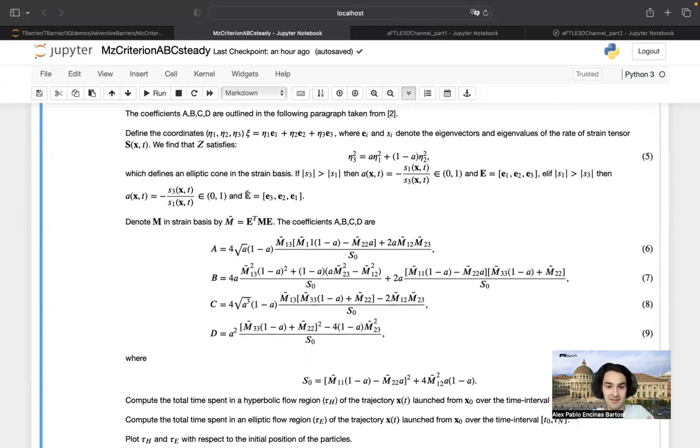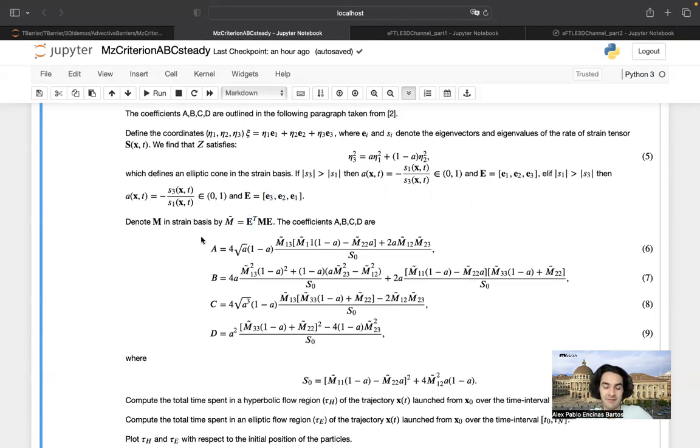These are just little technical things which one needs to take care of during the computation. Once you have defined this eigenbasis, this A matrix, and of course computed the M matrix, then we compute the M, the strain acceleration tensor in the eigenbasis E, which of course depends on whether it's this one or this one.